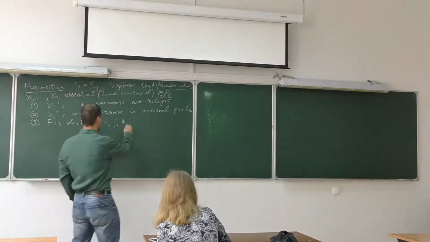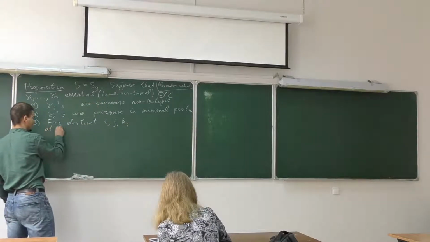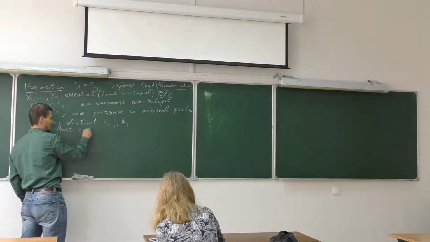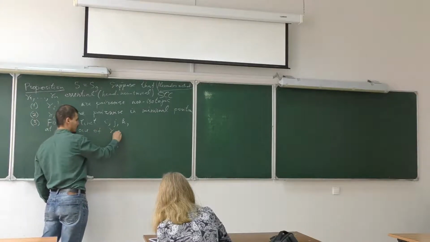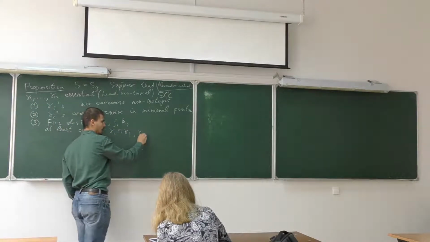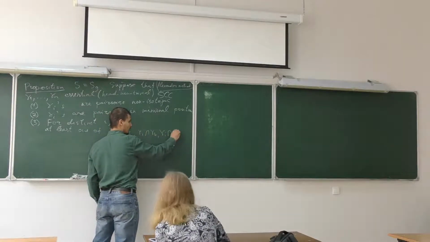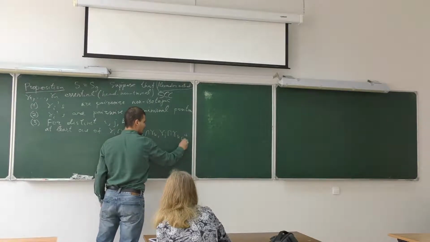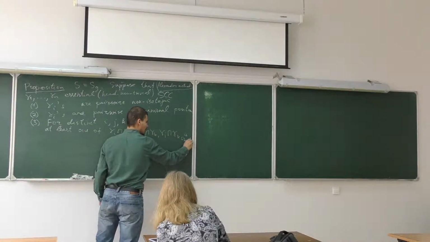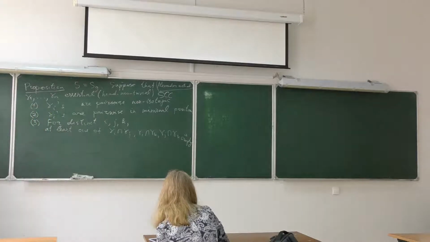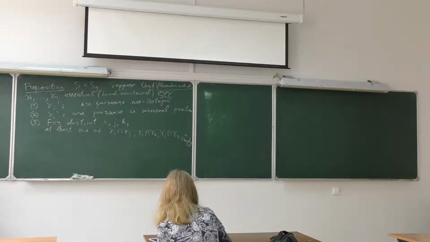So at least one of the sets gamma i cap gamma j, gamma i cap gamma k, and gamma j cap gamma k is empty. So if we draw a graph of intersections, showing which pairs of gamma i's intersect, then it doesn't contain a triangle. Okay.